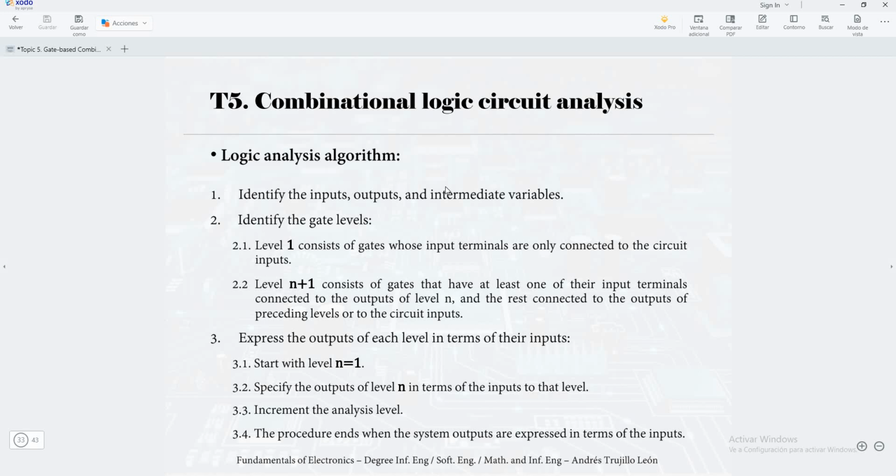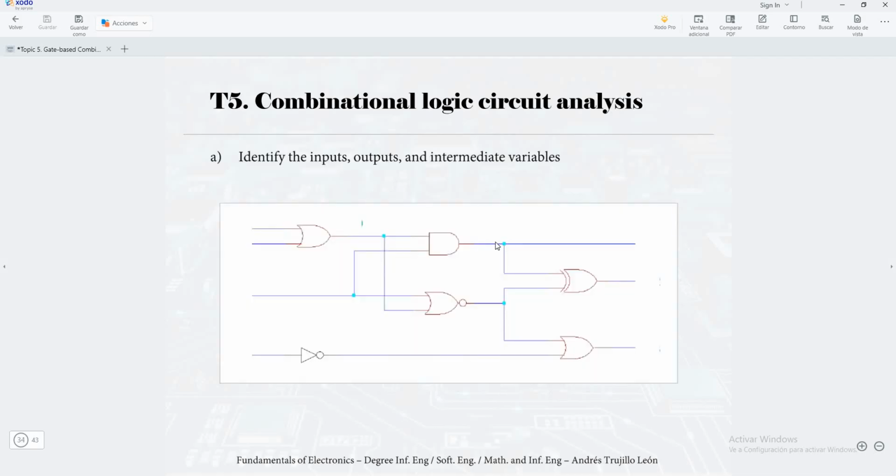I think that the best way to see this is with an example. If we have this logic circuit, we have to identify the inputs of the circuit. The inputs are here. Okay? So, for example, the inputs can be X, Y, Z, and W. And the outputs can be Z1, Z2, and Z3. We are going to identify the levels, how many levels the circuit has.